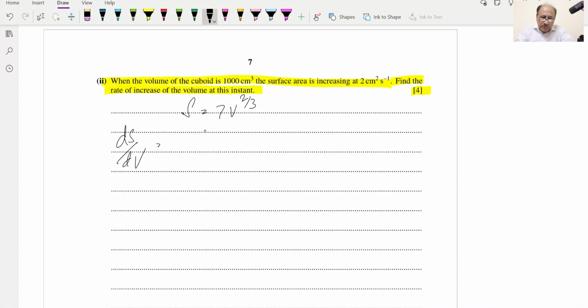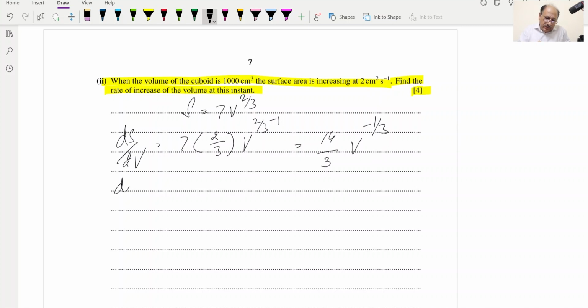We can take the derivative of this, which will be equal to 7 into 2 by 3 into v raised to 2 by 3 minus 1, since we are taking a derivative it should be minus 1, so it will be 14 over 3 into v raised to the power minus 1 by 3, since 2 by 3 minus 1 is minus 1 by 3.